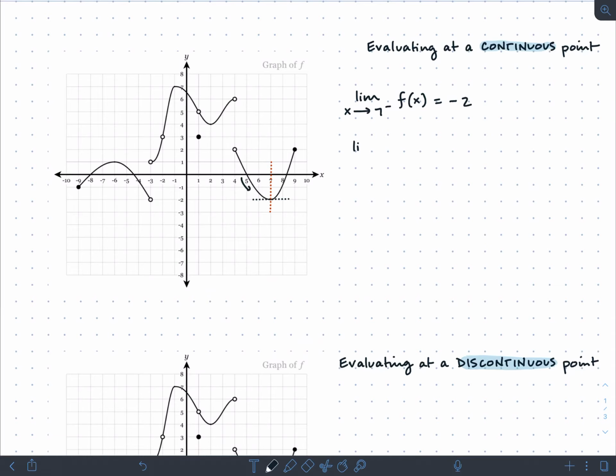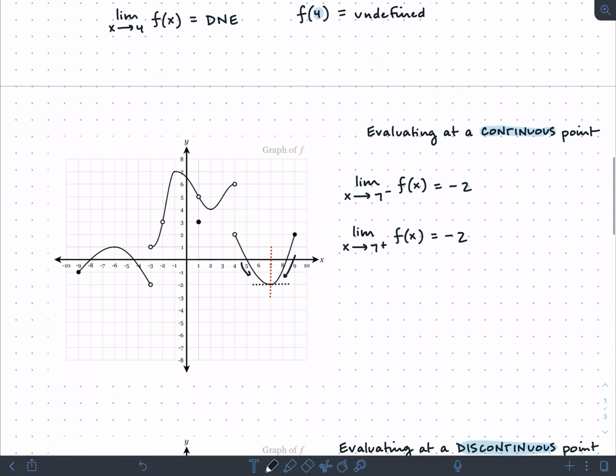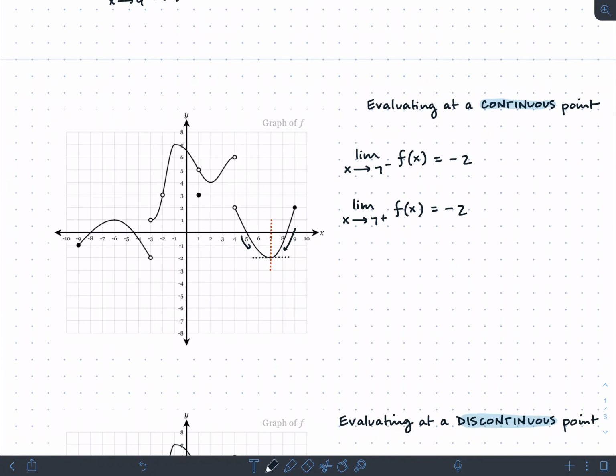Let's do our right-hand limit. And if I look at my right-hand limit, I also notice that the y value I'm approaching is negative 2. So we said earlier that the general limit only exists when those two limits are equal, the left hand and the right hand.